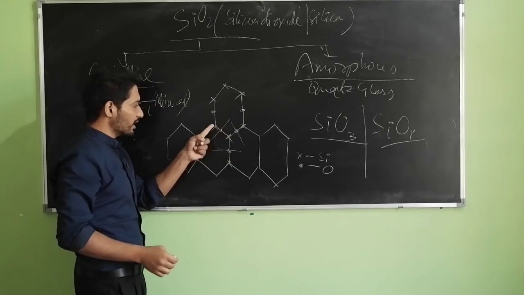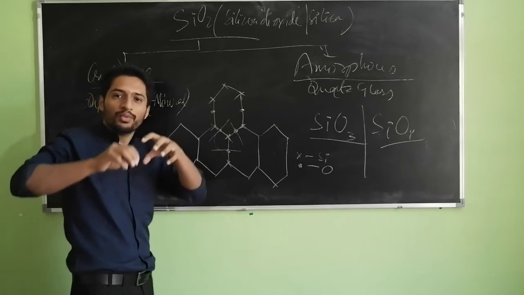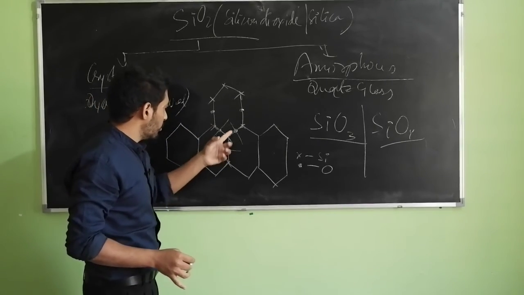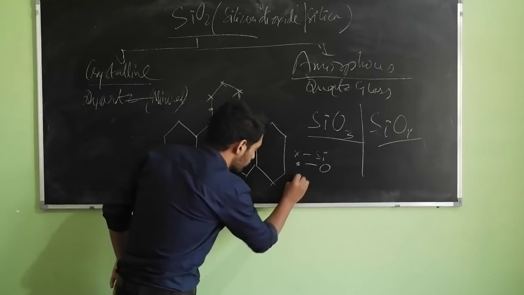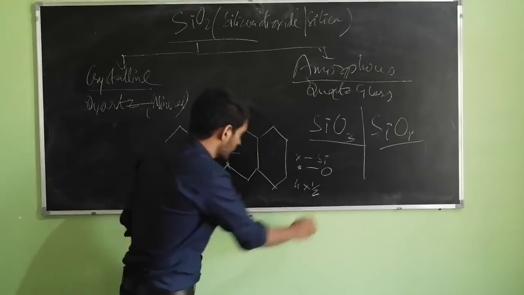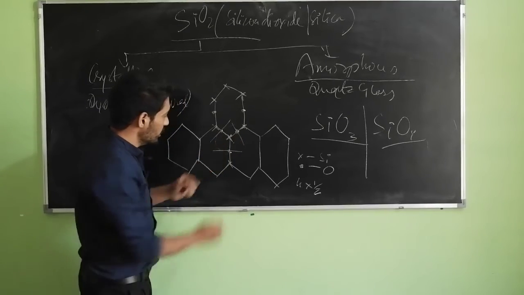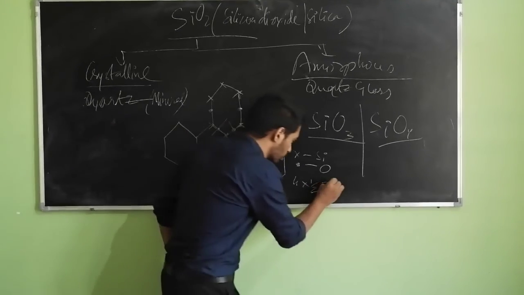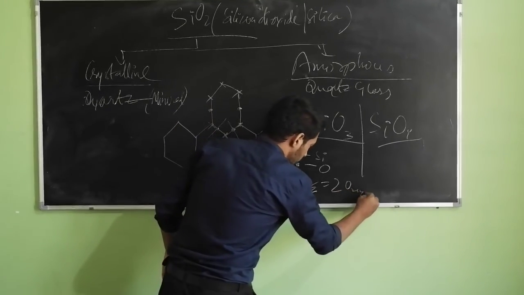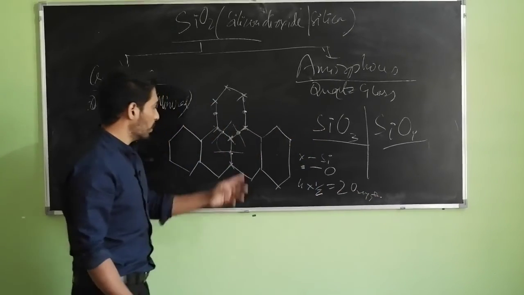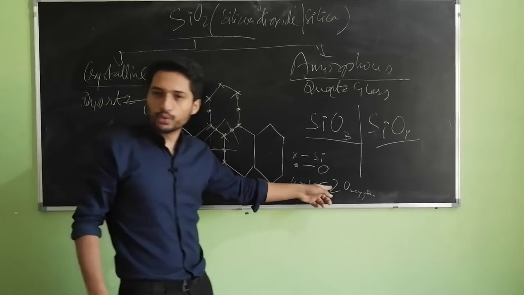Because this oxygen atom is being shared by two, the part that this silicon atom gets is only half. So we have 4 into half, that's 1, 2, 3, and the fourth. So we have in total 2 oxygen atoms. That's why the formula is SiO2.